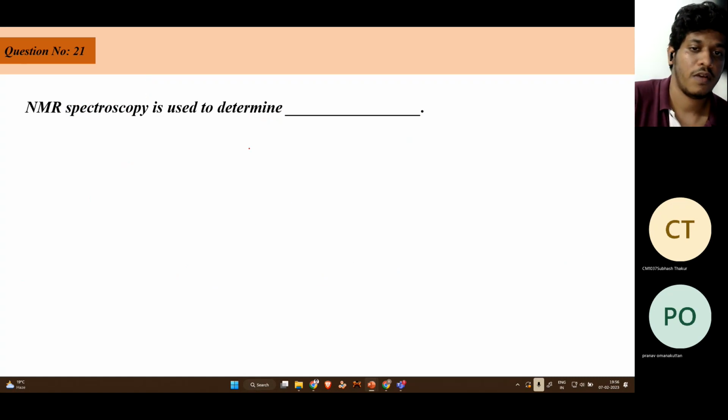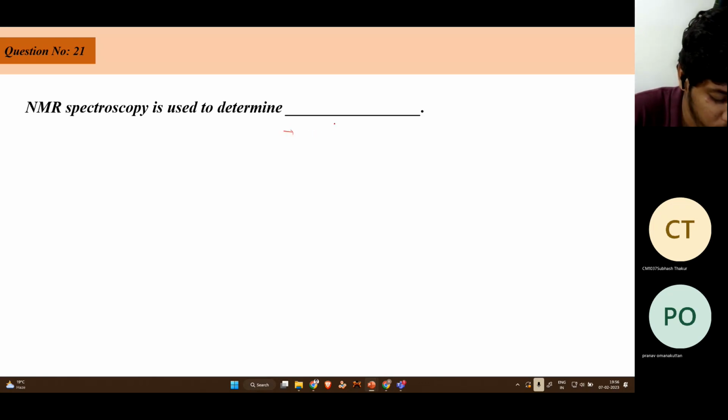Now, we have already discussed this. NMR spectroscopy is basically used to determine multiple facts, like every technique.